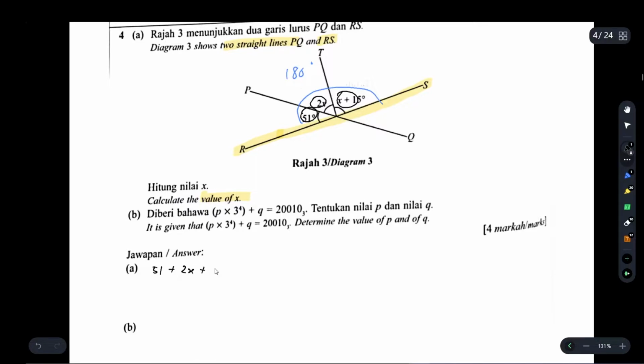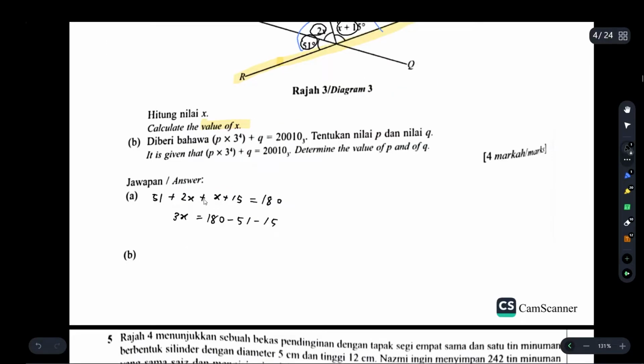51 plus 2s plus s plus 15, and this is kind of ugly. So 2s plus s is 3s, right? We throw those numbers to the other side because we need to separate both of the things; that's how I solve this kind of variable question. I leave the variable on one side and the whole numbers on the other side.